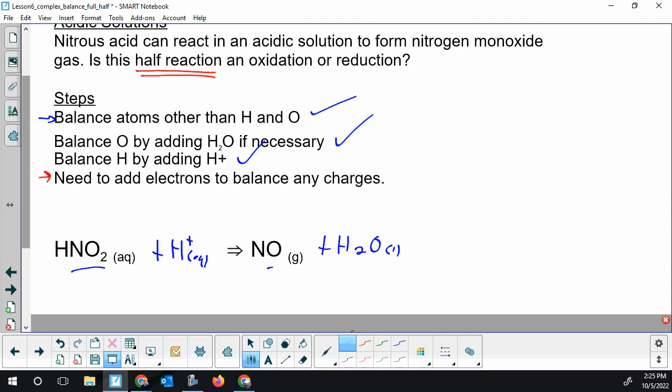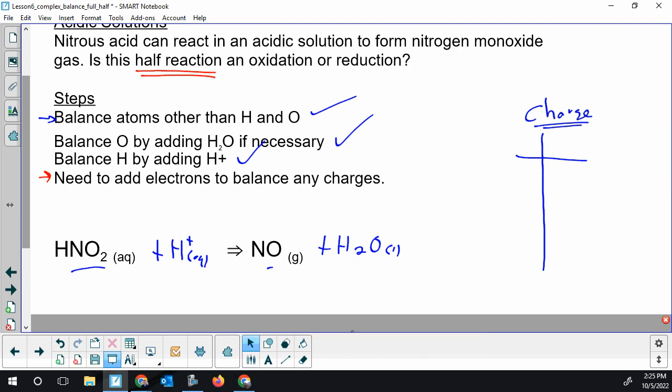Now we need to add electrons to balance any charges. So this is going to be my charge, and I will fix it with electrons. So we're going to count the charge at the beginning. I'm going to give a visual to this up above each piece.